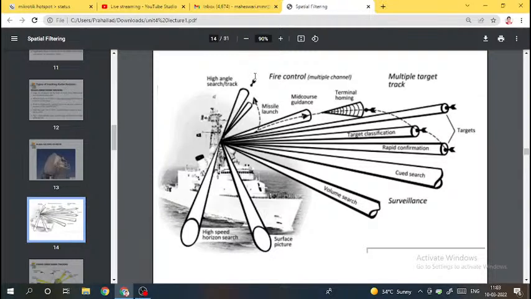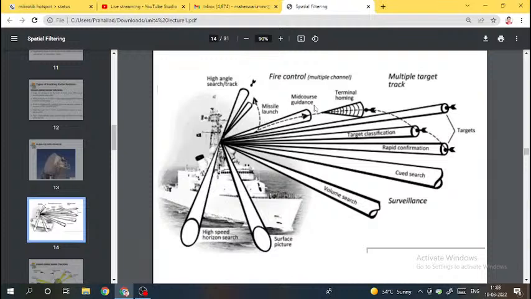See here, this is one beam, and this beam will be switching on a time basis, so in all directions it is trying to detect targets. Here is the ship which is sailing, and here is your radar. At this angle it tracks one target, and at another angle another target. Electronically the beam is steered using software in all directions.